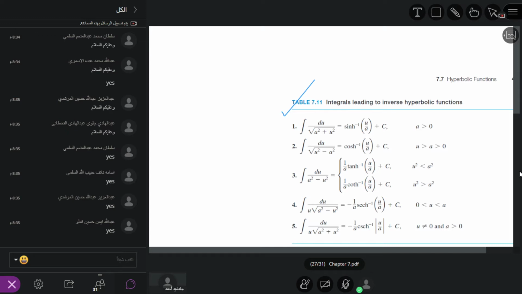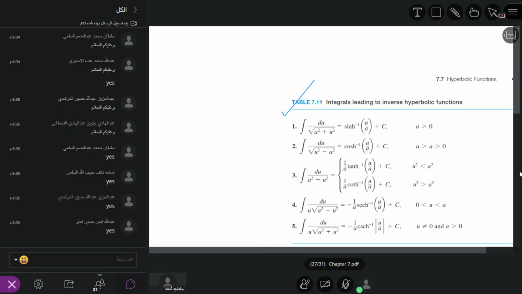Now if it is a definite integral, we have the integral from 0 to 1 of 2 dx divided by square root of 3 plus 4x square.